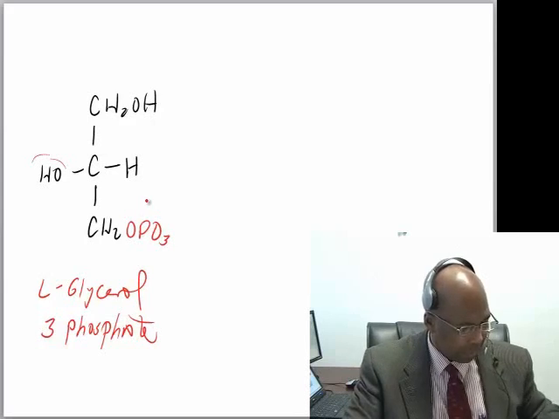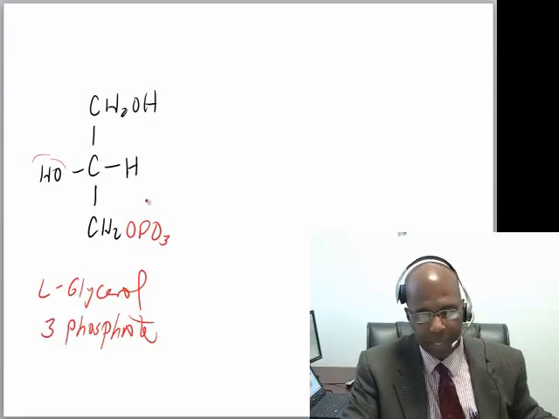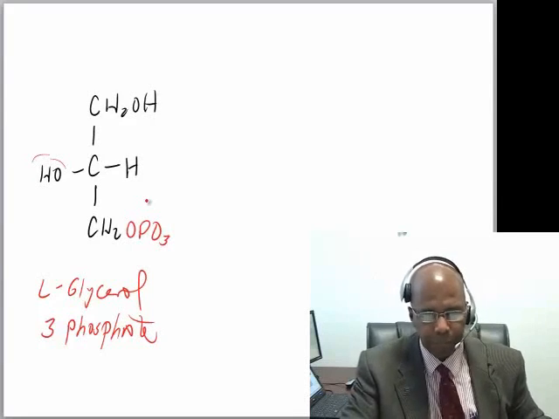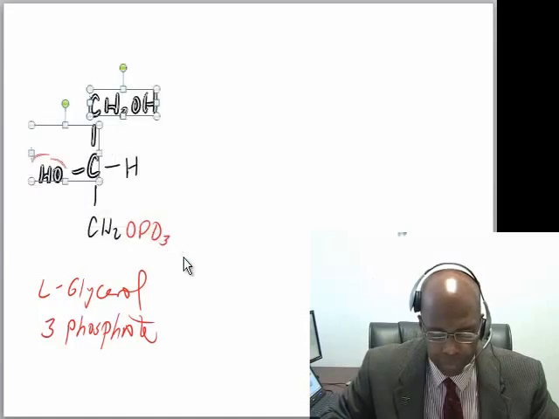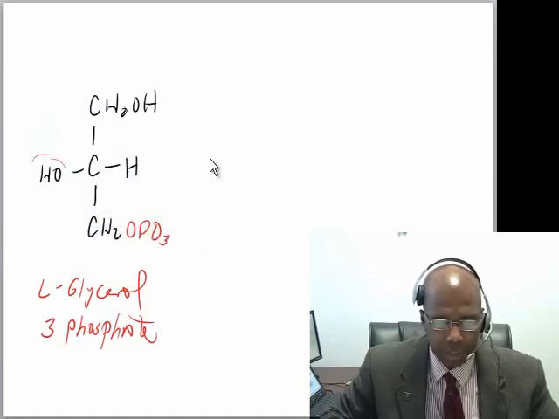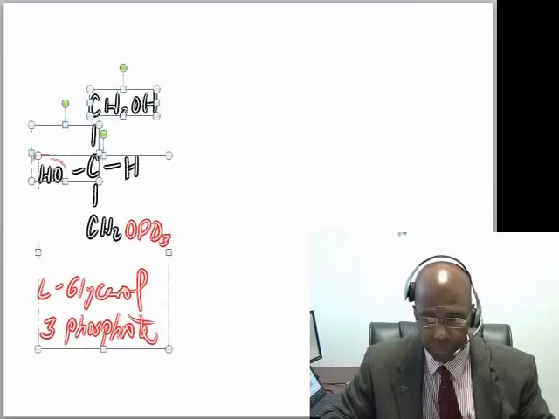Let's see if that's the one I want. Yes, that's L-glycerol 3-phosphate. Now I'm going to take this same glycerol molecule. I'm going to just grab the whole thing, because I need to show you something.